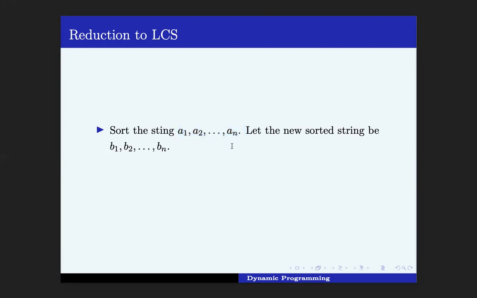It's a common subsequence. That means it's a subsequence of A1 to An, but it's also a subsequence of B1 to Bn. That means it is increasing. So a common subsequence between A1 to An and B1 to Bn has to be an increasing subsequence of A1 to An.